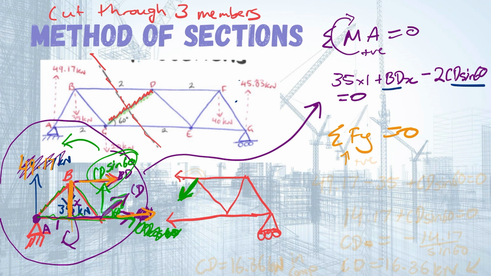And let's say that upwards is the positive direction. So we're going to have 49.17 minus 35 kilonewtons acting downwards, minus 35, and CD sine 60 we've assumed is acting upwards, so plus CD sine 60 equals to 0.